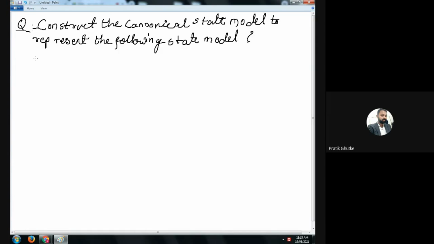Okay, so what they have given is the transfer function C of S by R of S. This is the transfer function they have given.